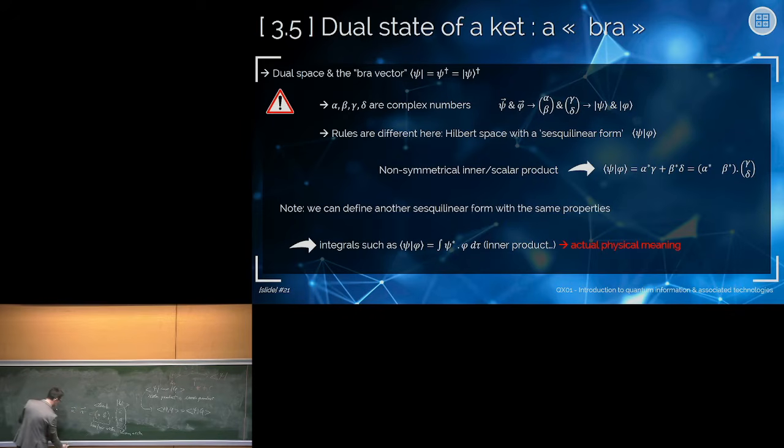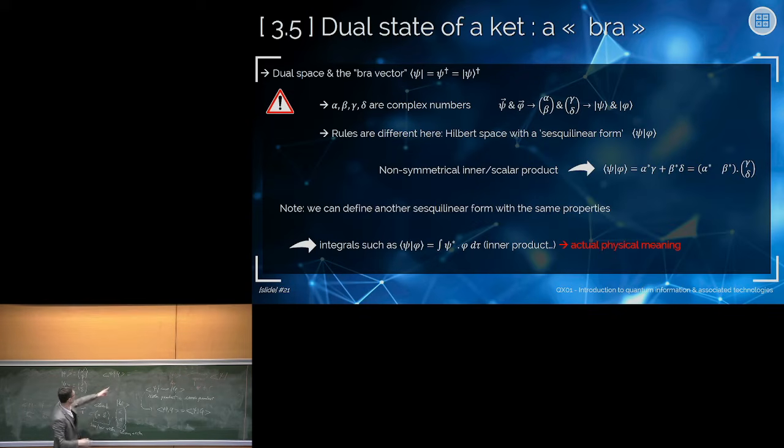If I give you two kets, psi equals alpha beta, and phi equals gamma delta, and I ask you to do the inner product between the two, so the scalar product in this particular space.